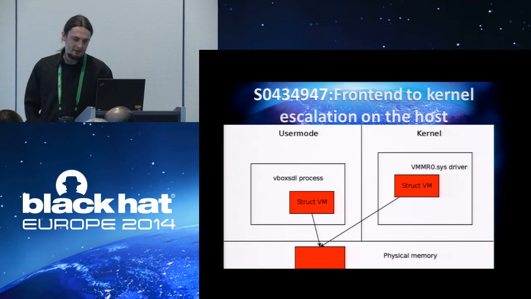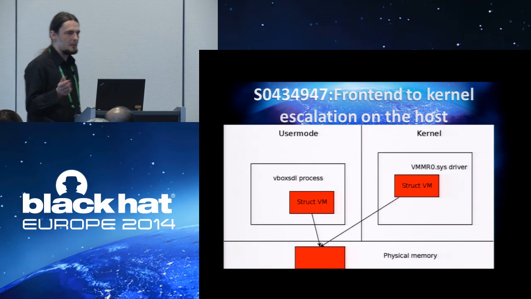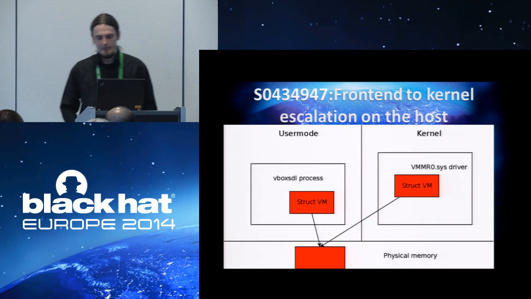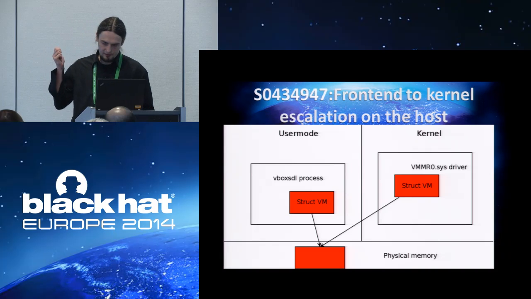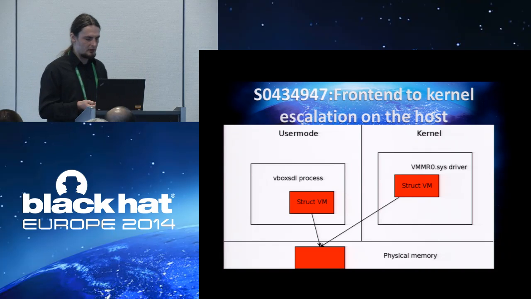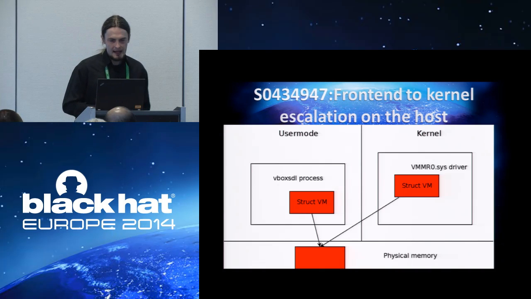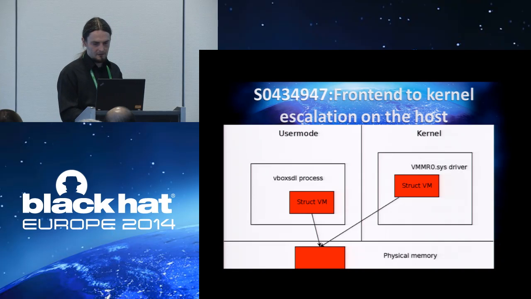So it's not something that can be triggered by the VM, but it's an escalation of privilege on the host. So if there is VirtualBox installed on the system, unprivileged user mode code can escalate to the kernel. And how it works, VBox has 2 components, one in user mode and another a driver in the kernel.